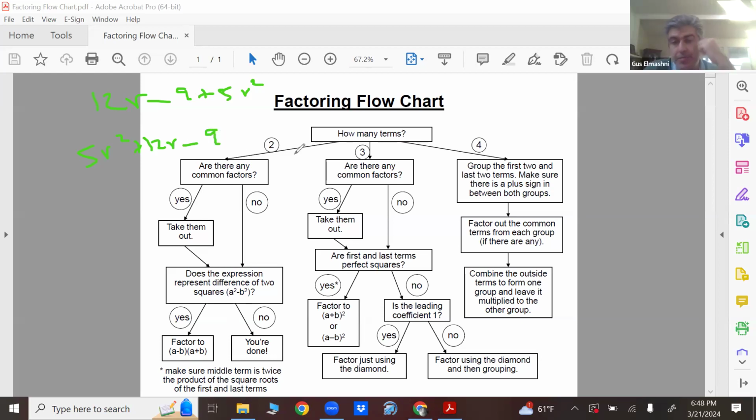So yeah, that's what we got. So how many terms do I have? 2, 3, or 4? Right. Okay. Are there any common factors among 5, 12, and negative 9?